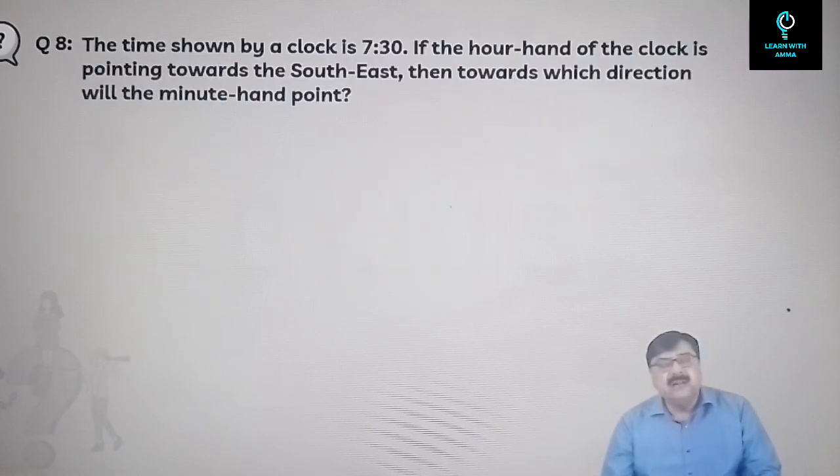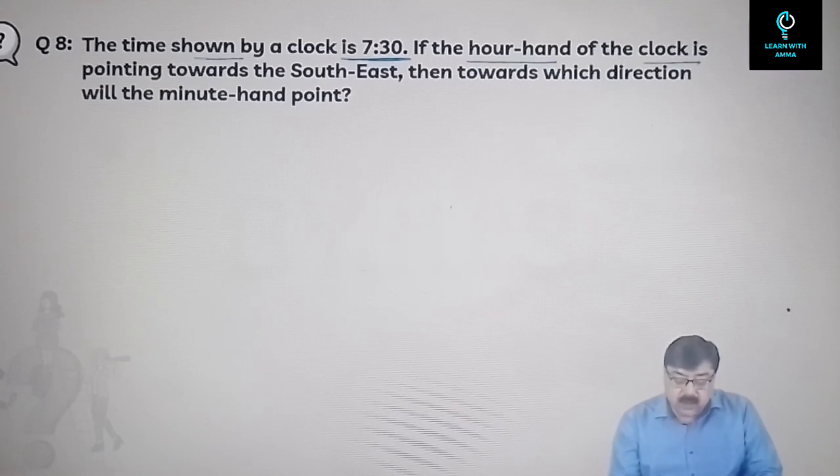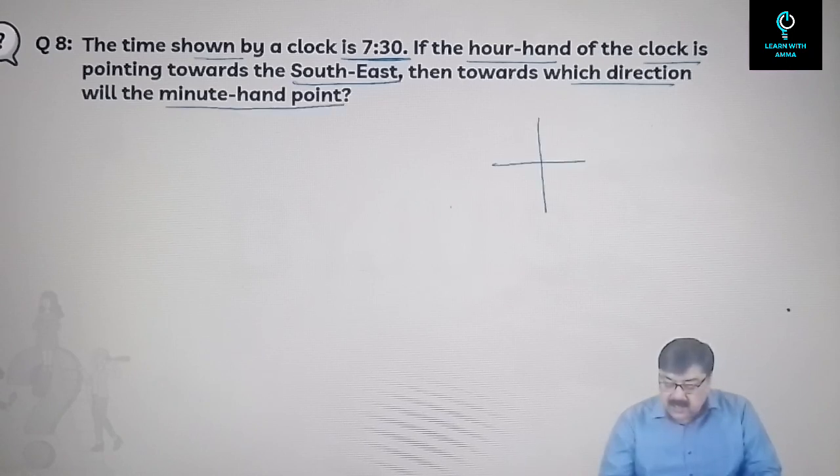Now let's have a look at another question of similar type. The time shown by a clock is 7:30. Now if the hour hand of the clock is pointing towards the southeast, then towards which direction will the minute hand point? Now let us say this is how we have a clock with 4 directions as I am giving you here.